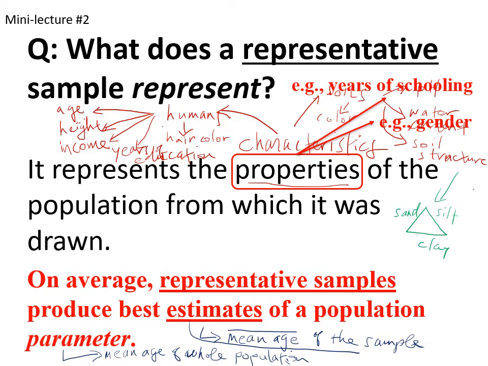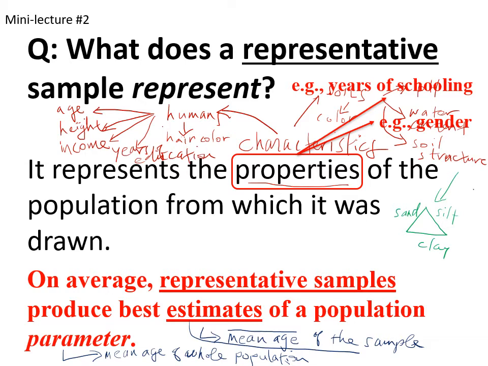If you have a small population, it might be possible to actually measure everyone in that population. But as your population gets bigger and bigger, it becomes more difficult to measure everyone for a range of reasons.